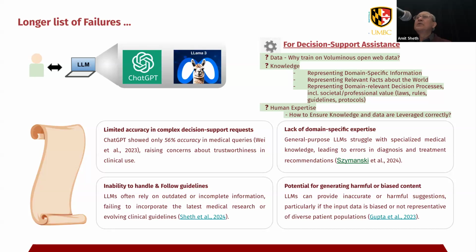Many answers would be generic. Your question will be very specific to a particular symptom that you are facing, not somebody else. And the same symptom may have different meaning in different contexts for different people. So you have to bring in the personalization, domain-specific aspects of it, and of course, harmful and biased content.